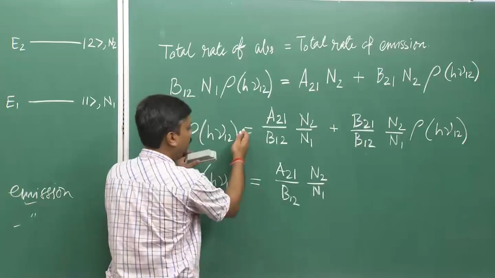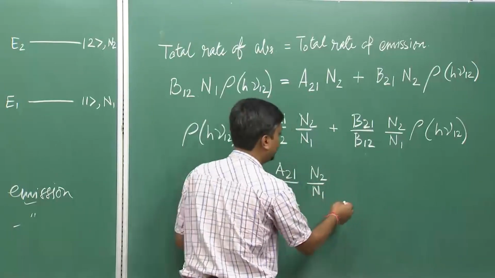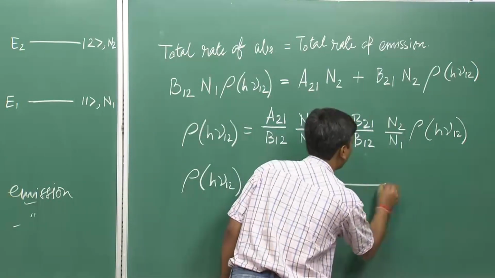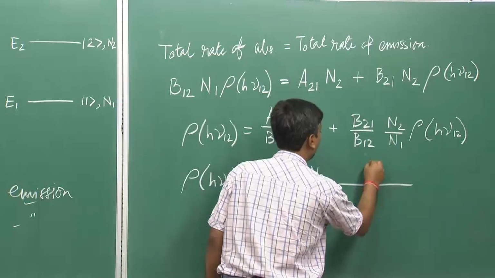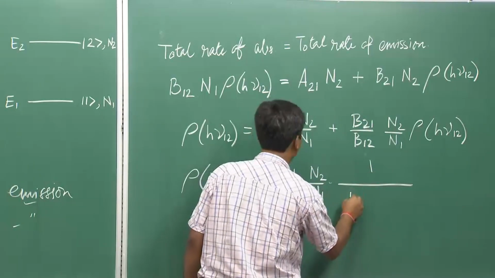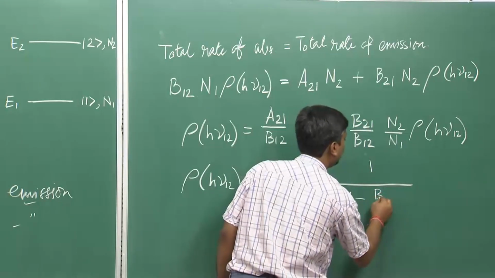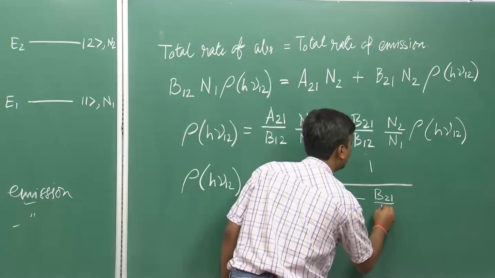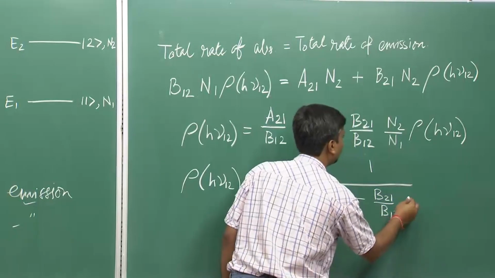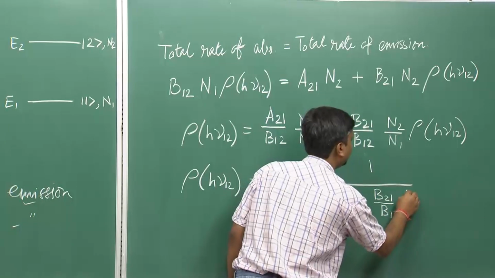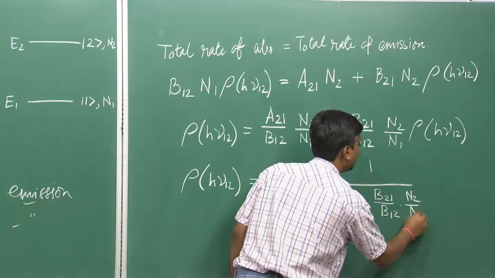That part now goes to the denominator, so I have 1 by 1 minus B21 by B12 multiplied by N2 by N1.